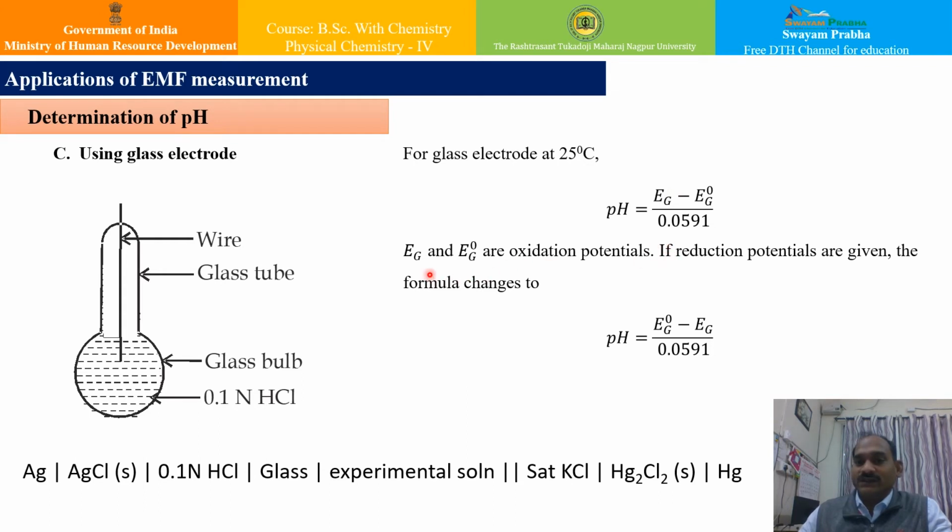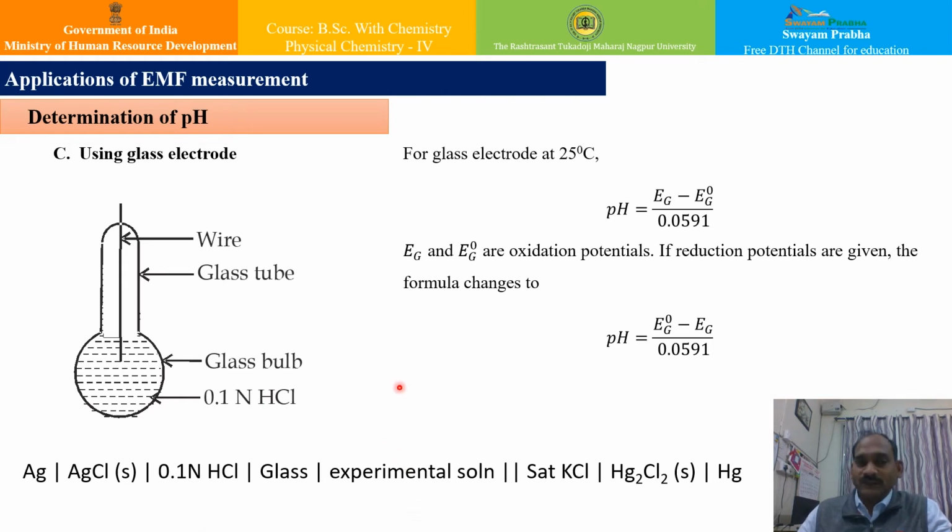If these are the oxidation potentials of the glass electrode, I can find out the pH like this. Or if these are the reduction potentials, the formula is reversed, and this way I can find out the pH of the solution. So this is a representation of my glass electrode when it is dipped into the solution.